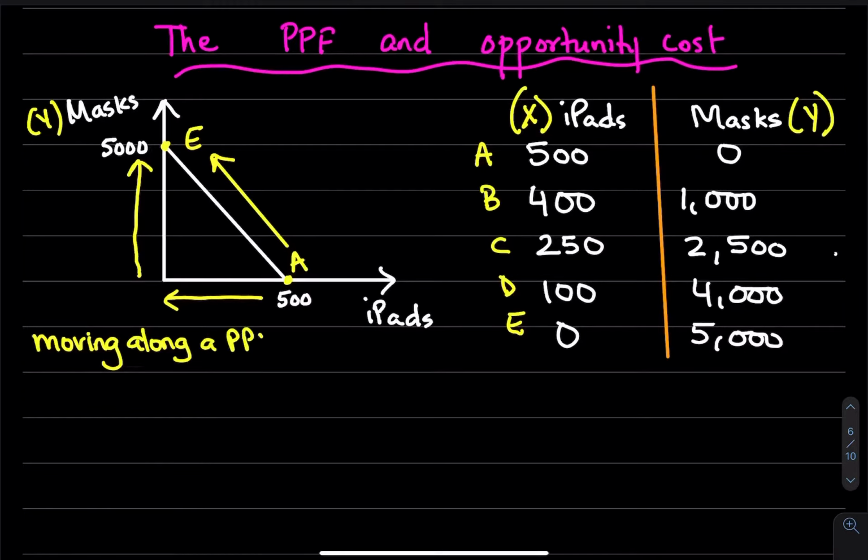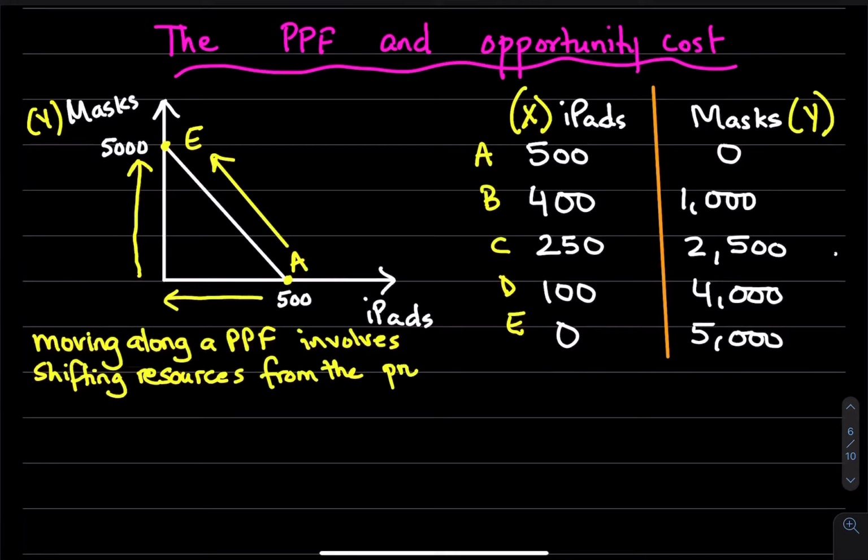a PPF, okay, whether you went from point E to A or point A to E, moving along a PPF from one point to another involves shifting resources from the production of one good to another.